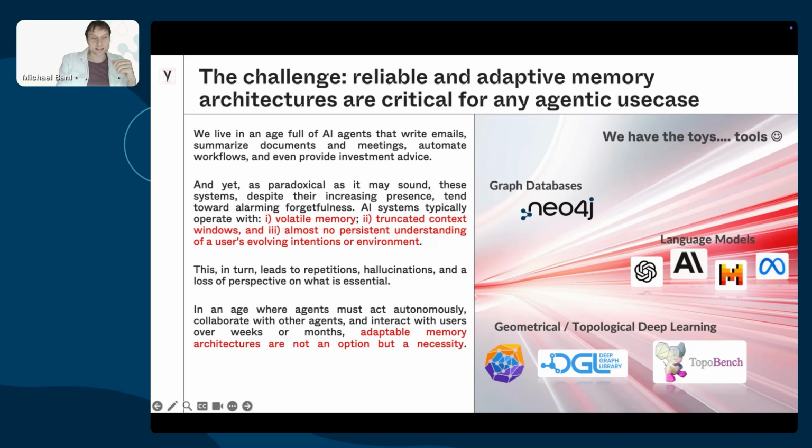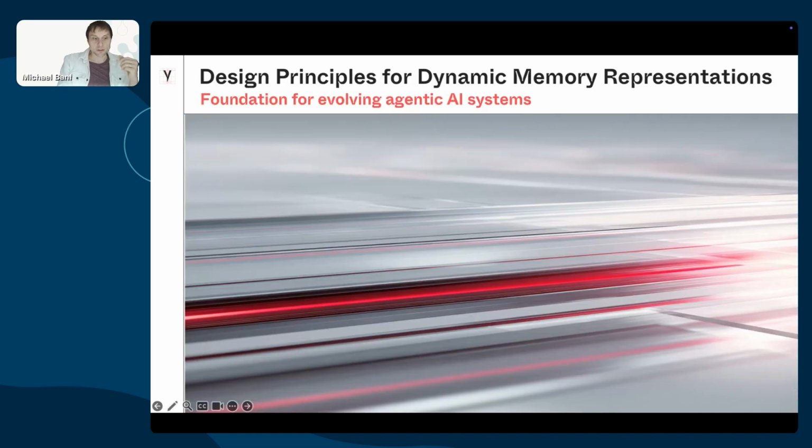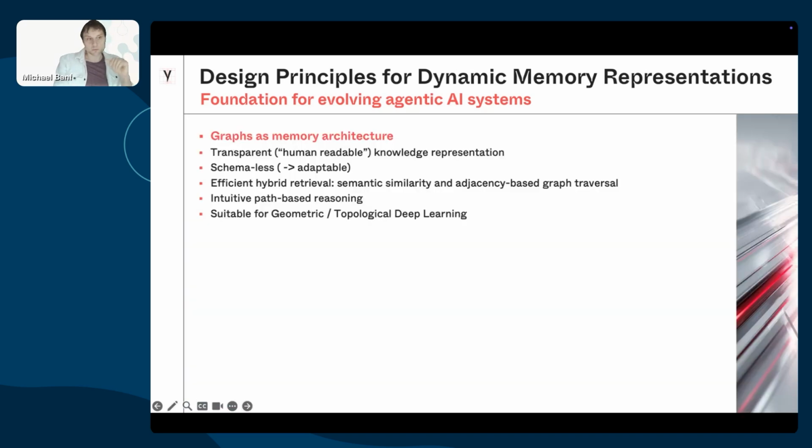To that extent, I would like to briefly highlight some of the key design principles for dynamic memory representations as foundations for evolving and immersive agentic AI systems that we at Parallel have integrated in our work and that are circling around the community. It is basically food for thought for further development. Let's dive right in.